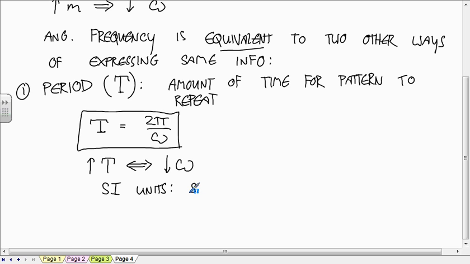The second way of representing this same information is the frequency.